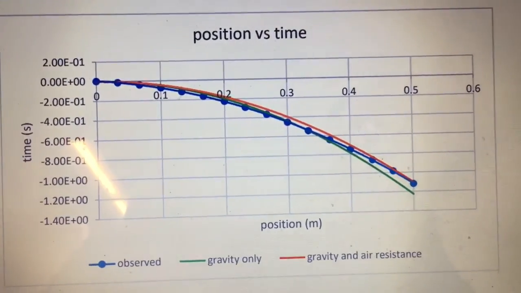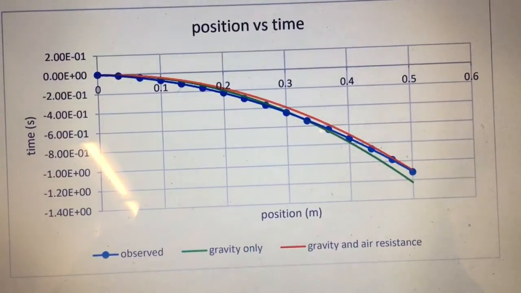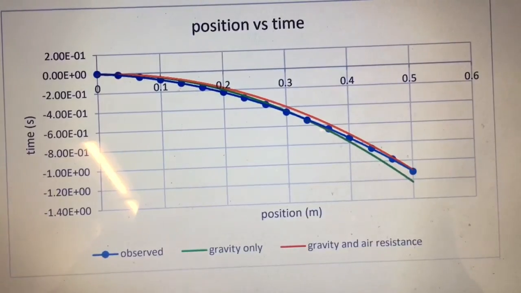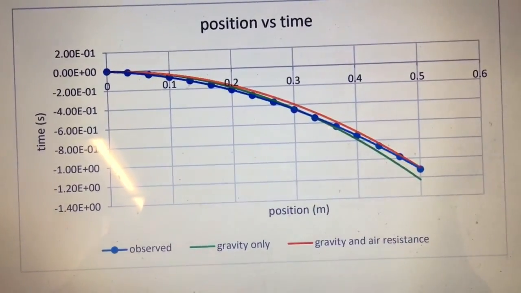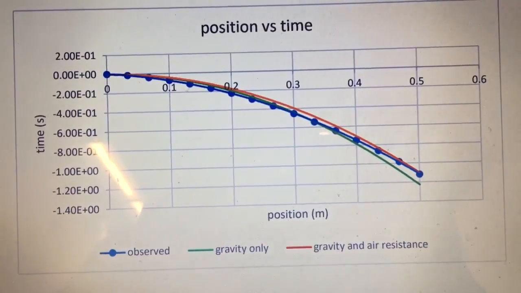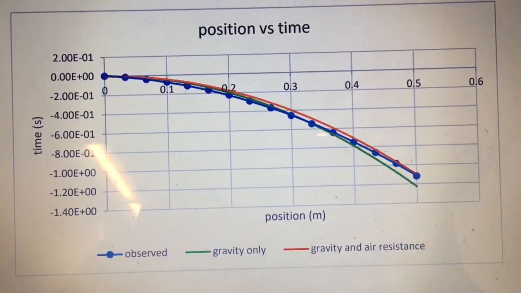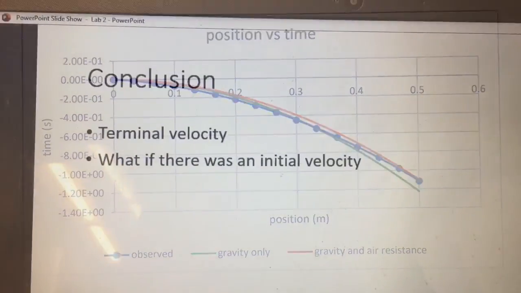However, when you look, you can see that the gravity only model seems to start off slower than the observed, as well as the model with gravity and air resistance. And I think this is due to the fact that I might have put some force downward on the piece of paper when I was recording the video.